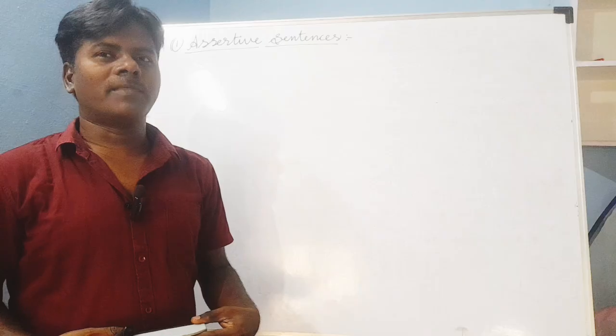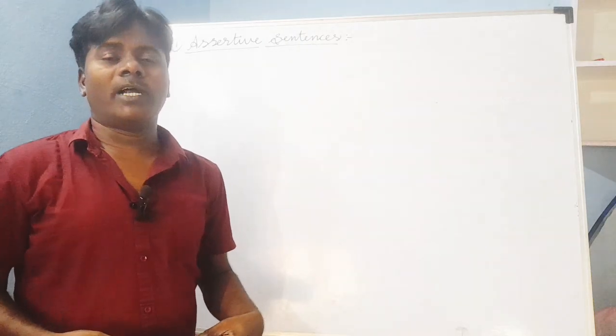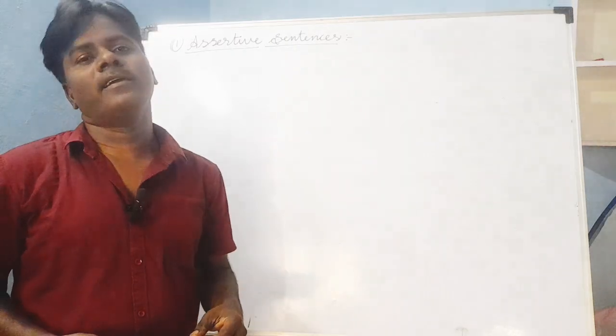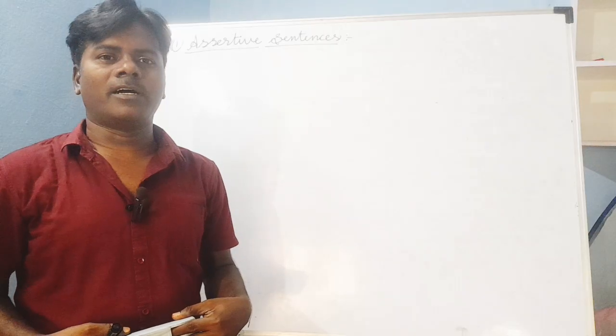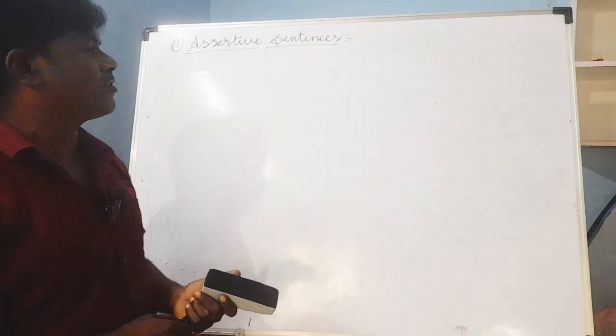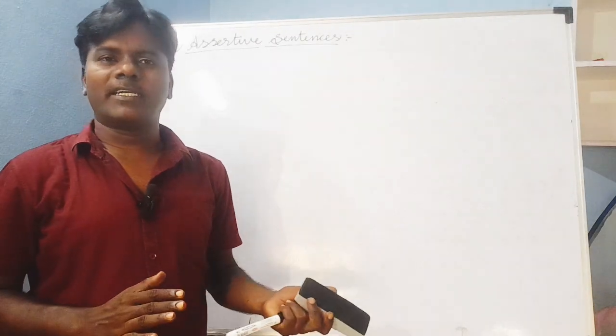We have subject and predicate. So if you want to know what is a subject and what is a predicate, then you have to check my videos. Then you come to know about subject and predicate there, right? So here assertive sentences have subject and predicate, right?